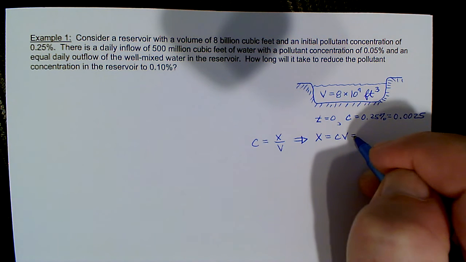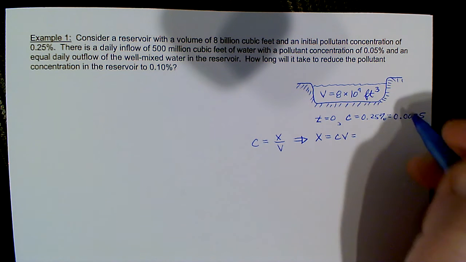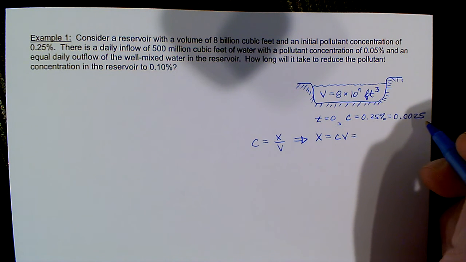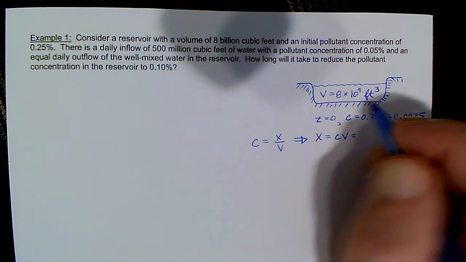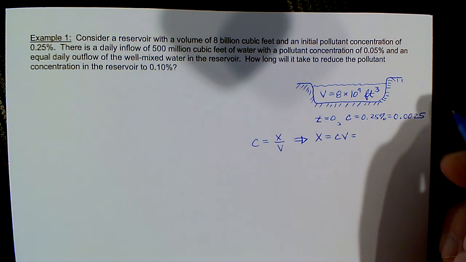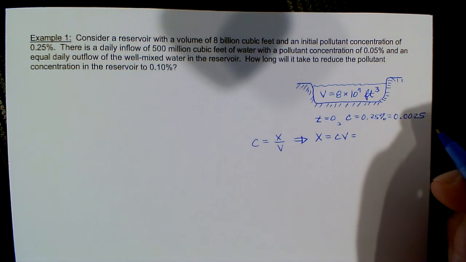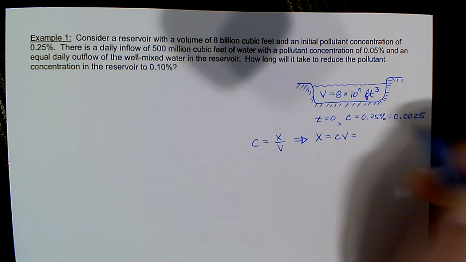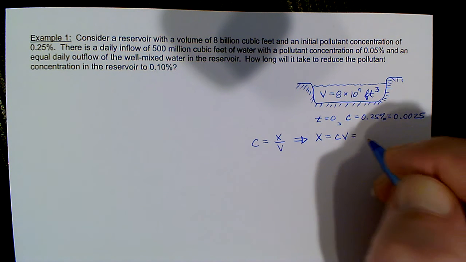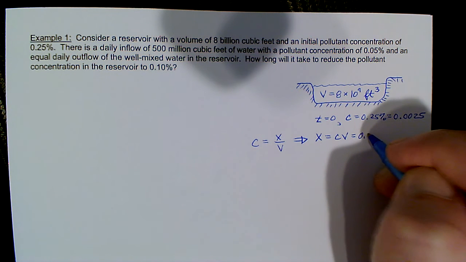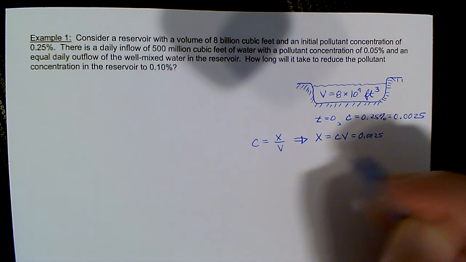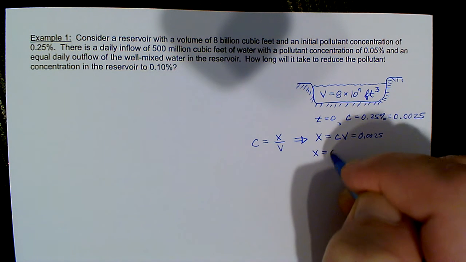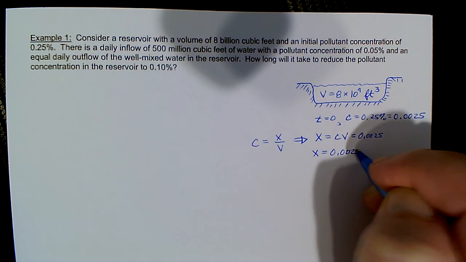So the amount of this solute, this pollutant, in the reservoir initially is going to be the 0.0025.